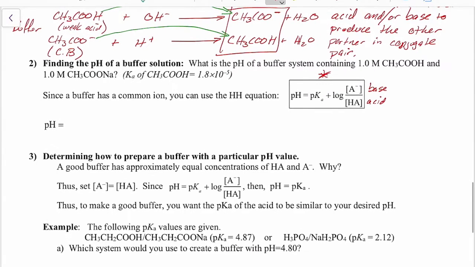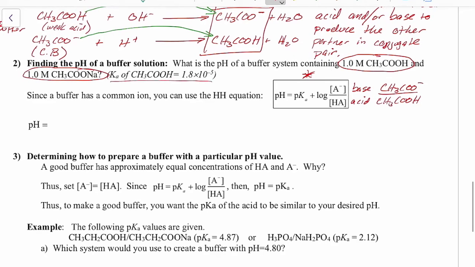In this case, the base is your acetate ion, your CH3COO minus, and your HA, your acid, is your acetic acid, your CH3COOH. There's that ratio. So you know you added this much of the acid and you added this much of the salt that contains the conjugate base. Your ratio is built into the problem. So if you take your Ka, given the Ka, take the negative log of that, and your pKa comes out to 4.74.